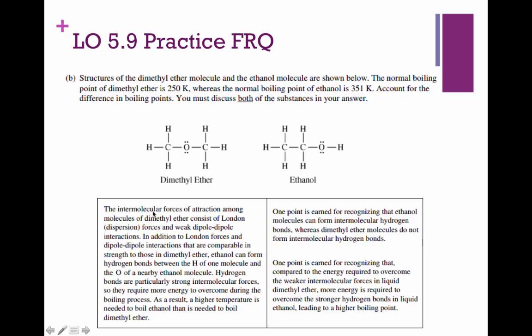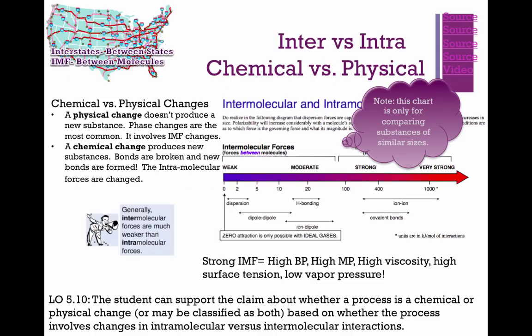So the intermolecular forces in dimethyl ether are dispersion forces and then pretty weak dipole-dipole, because this oxygen here technically makes it polar, but it's pretty weak. But then looking at ethanol, you can have London forces, dipole-dipole, and hydrogen bonding. And so since hydrogen bonds are a strong intermolecular force, they take more energy to overcome, and so you have a higher boiling point.